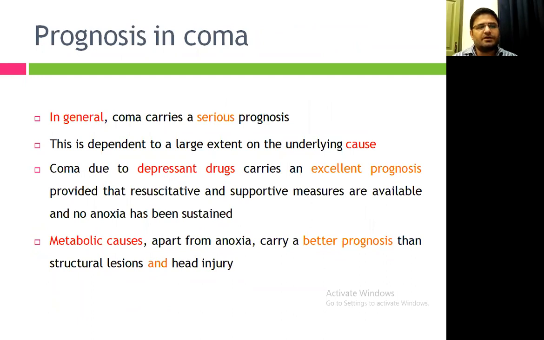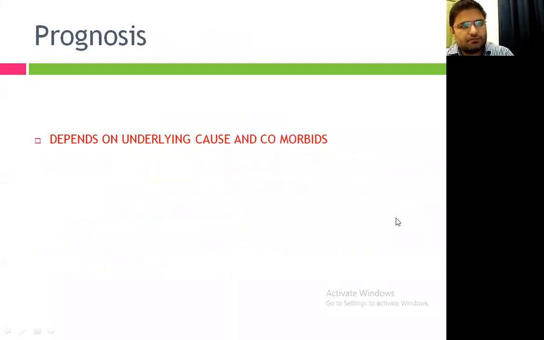Unconsciousness or coma due to antidepressant or depressant drugs carries excellent prognosis. Metabolic causes, apart from anoxia, have better prognosis, while structural lesions and head injuries have poorer prognosis. Prognosis, as I told, depends on the underlying cause, comorbidities, and age of the patient.